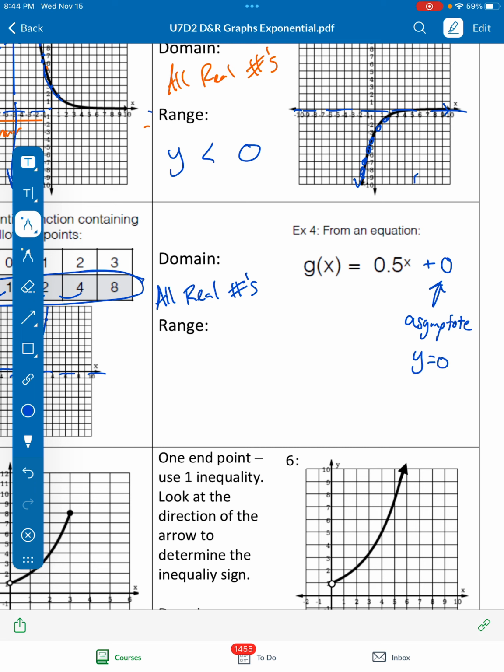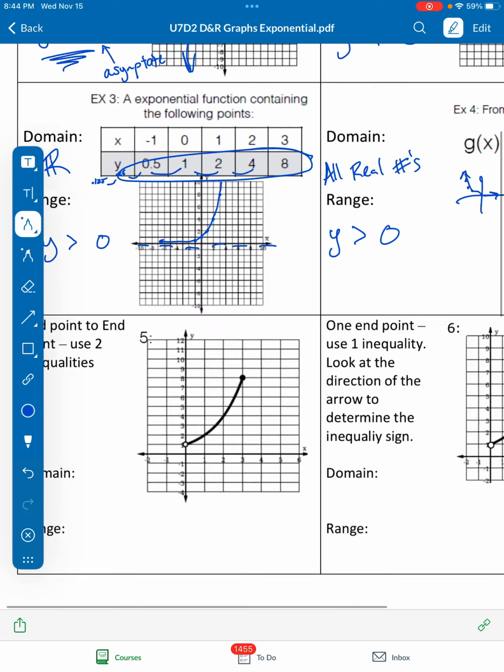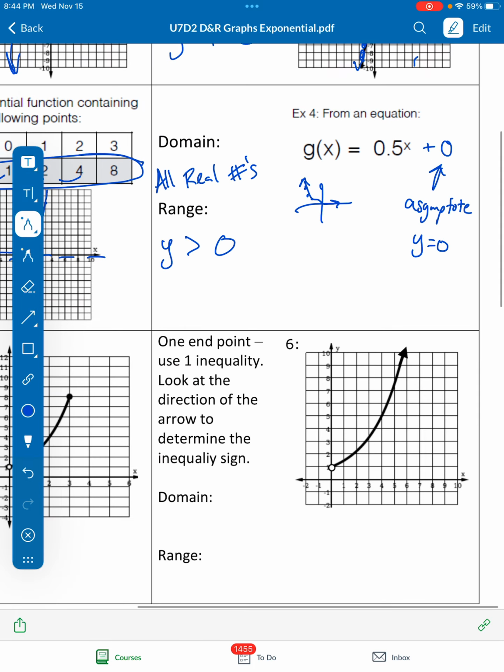And we know this is going to be exponential decay, so it's going to look just like this. That means the range is y greater than 0, because again, all these y values on this graph are bigger than 0. And then finally, we've got one with two endpoints and one endpoint and one arrow.